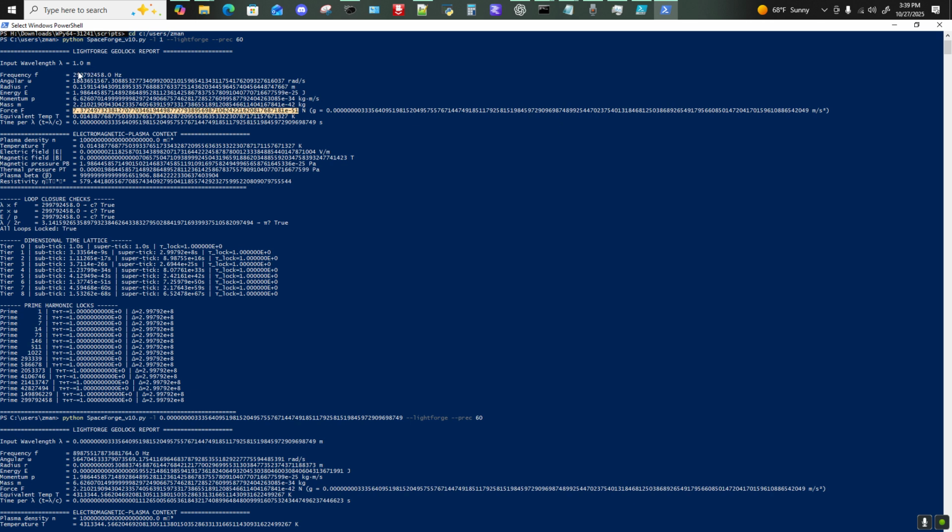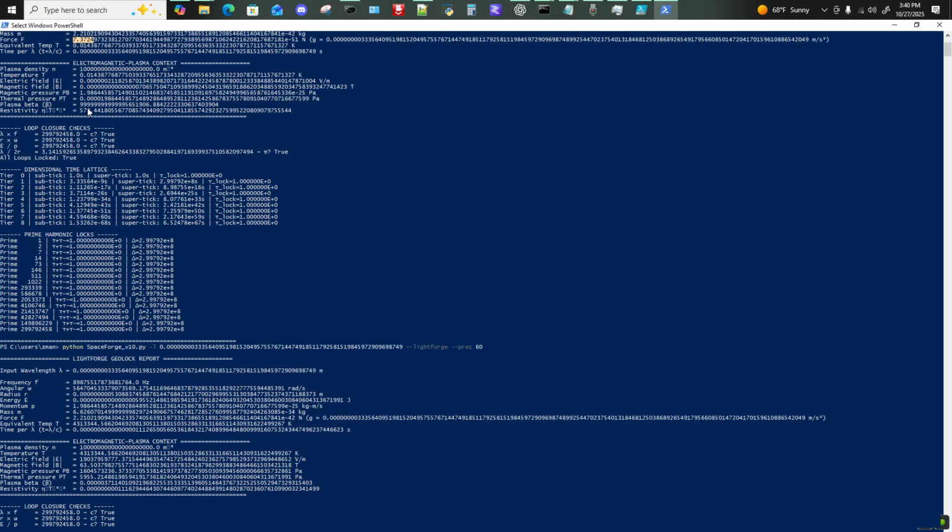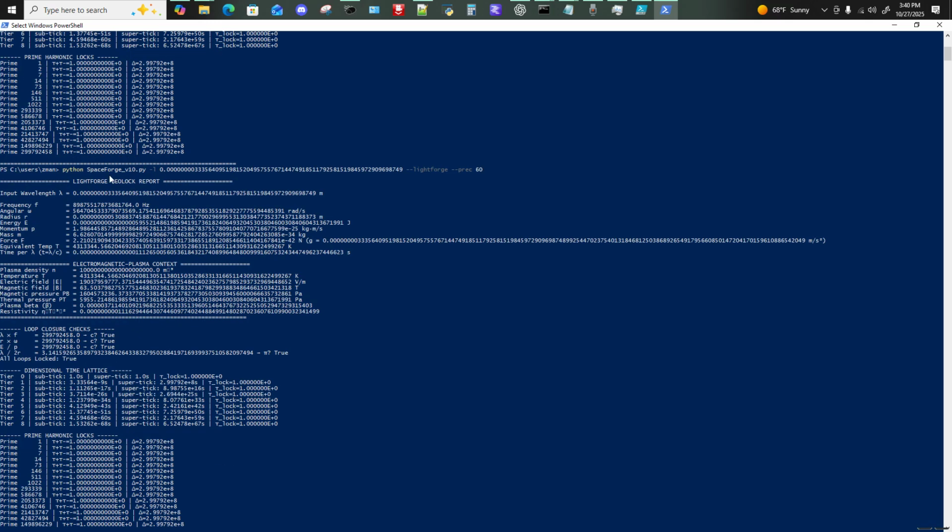So when you start off with 1 meter, each one of these values right here is a locked-in measurement. And they all happened in the early past when frequency reached a value of c squared.